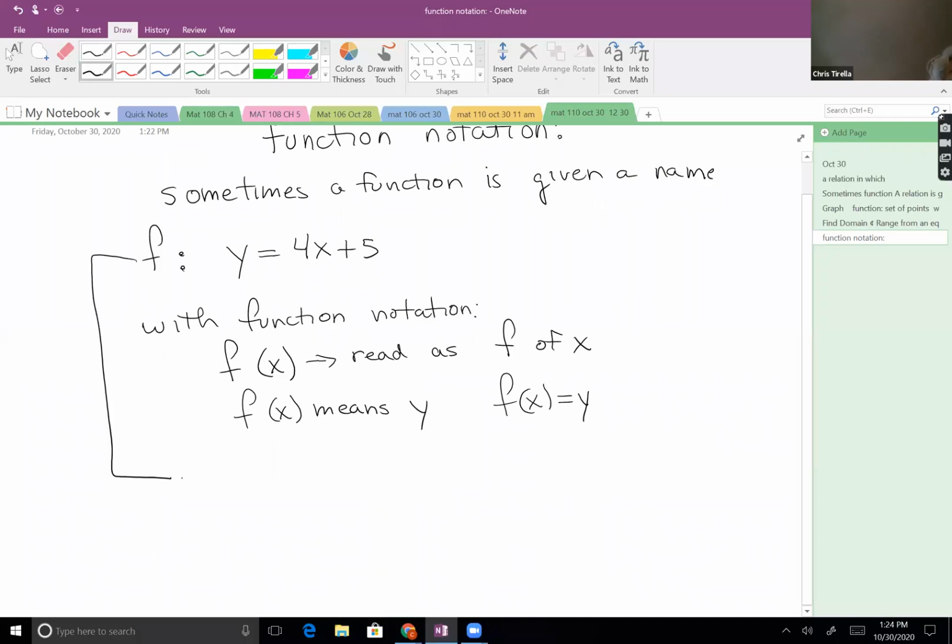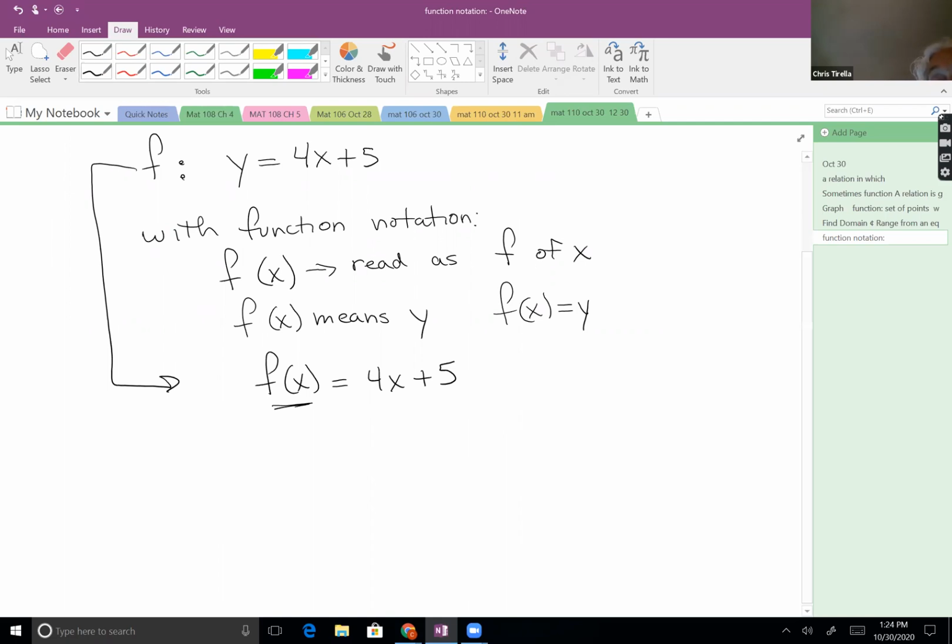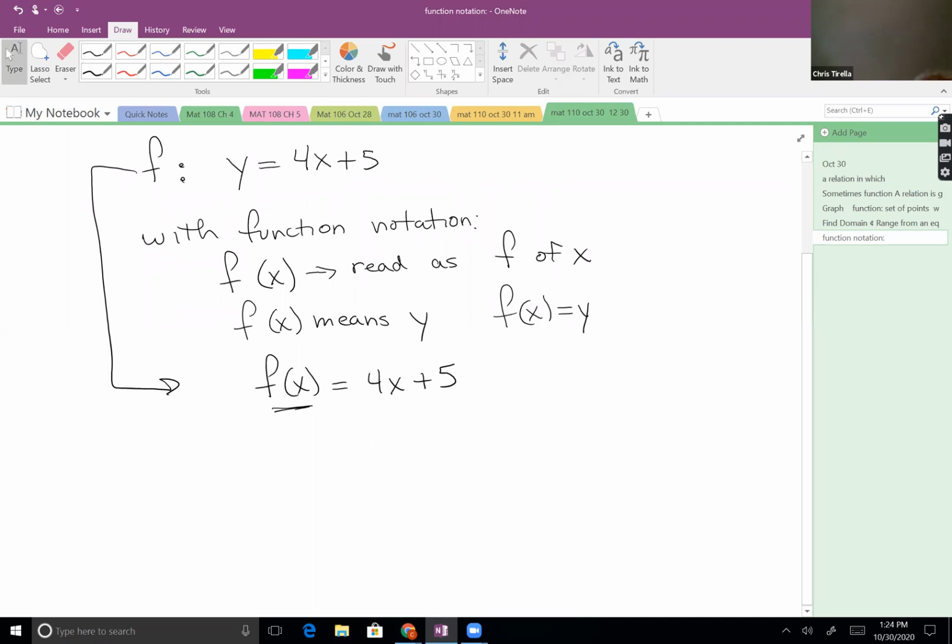So what we had written up here, instead of saying f is the function y equals 4x plus 5, we'd write f of x equals 4x plus 5. And again, that f of x is just another way of writing y. And one of the reasons that we do this is for ease in evaluation.